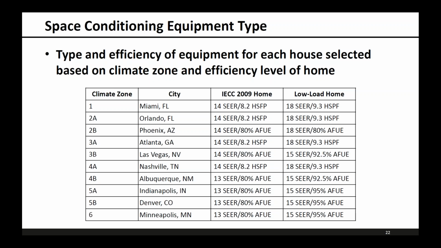In locations that used heat pumps, we selected equipment from BEopt's default library that met both the minimum heating and cooling efficiency requirements. So we don't have any odd combinations of high SEER, low HSPF equipment in any of the climate zones.